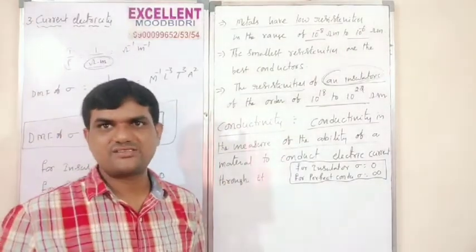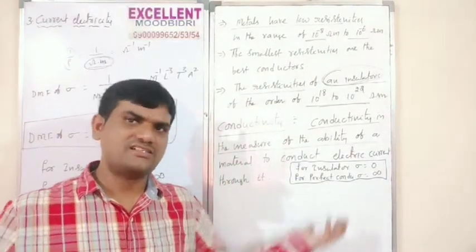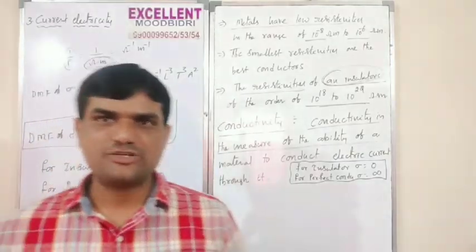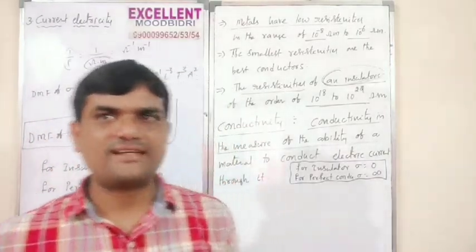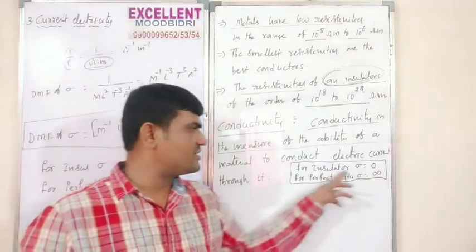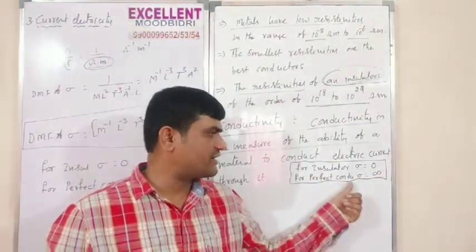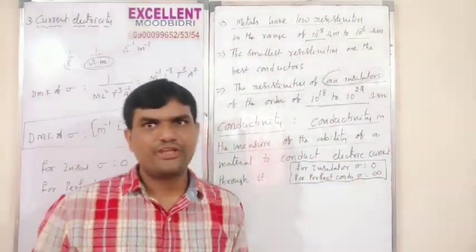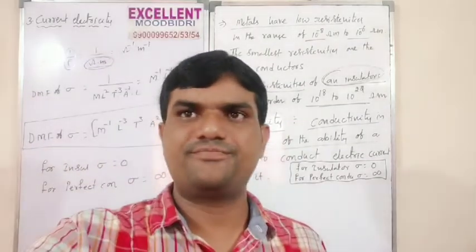One more very small definition: the reciprocal of resistivity is known as conductivity. So for an insulator, sigma is equal to 0. For a perfect conductor, sigma is equal to infinity. Alright, okay.